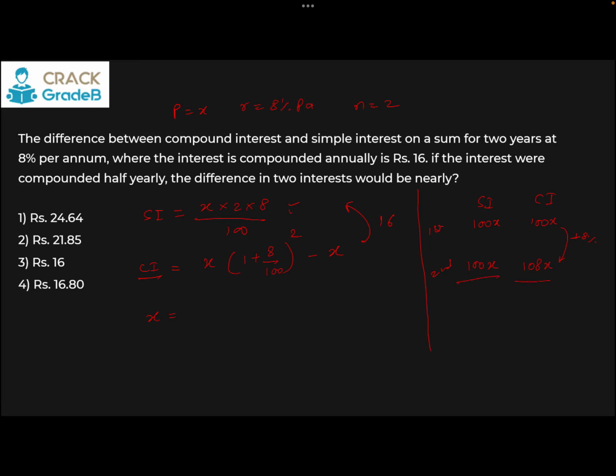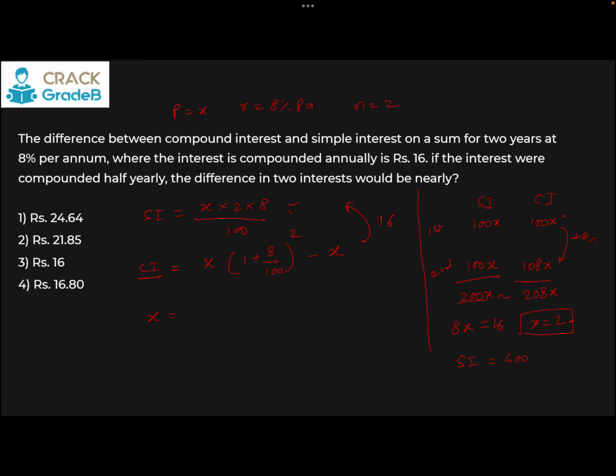Now, simple interest is 200x for 2 years and compound interest is 208x for 2 years, so the difference created, 8x, is given as 16. So x will be equal to 2. Now if you put x equal to 2, the total simple interest accumulated is 400.